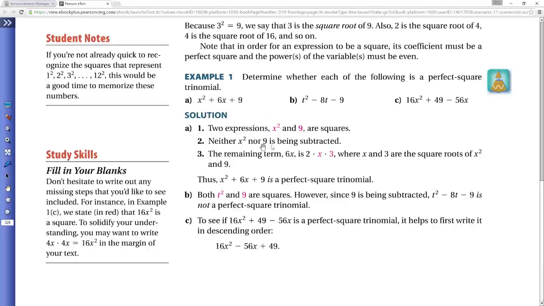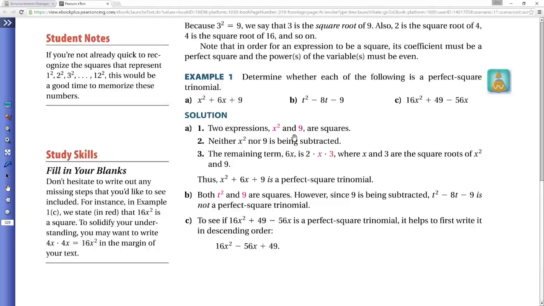So that's what they're going through here. They're going to do A first. It says neither x squared nor 9 is being subtracted. I think that's just a redundant check on whether they're squares, right? And then the remaining term is 6x. Well, the square root of x squared is x, and the square root of 9 is 3. 3 times x is 3x.